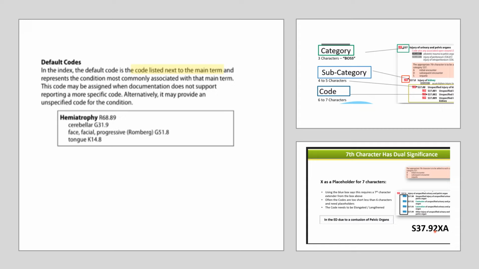Then you'll have the subcategory as it becomes more specific, and then the final code will have 6 to 7 characters, and then below that it will tell you about the seventh character and how that has come about. In most cases, those are used in the injury section, as you can see in the example.